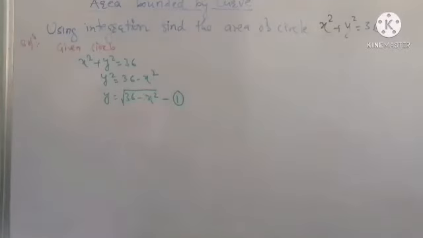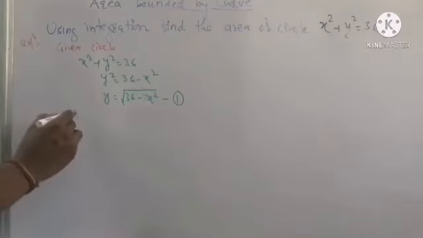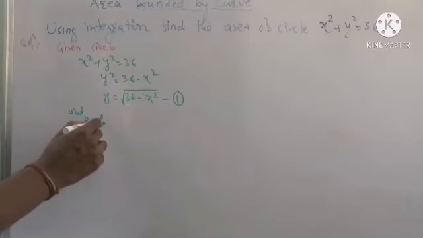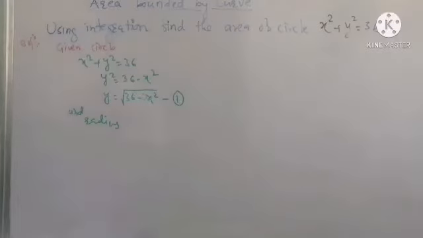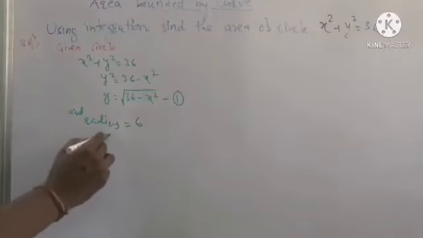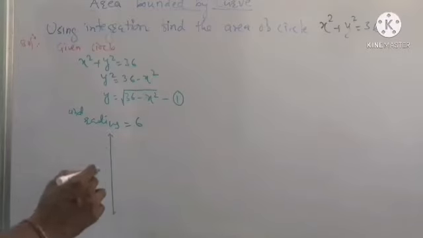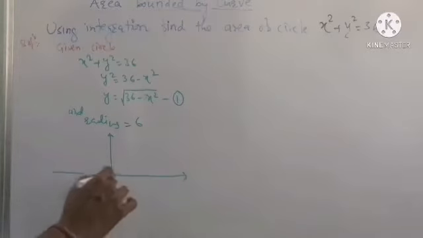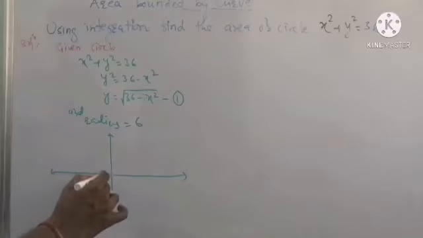As the given circle is a standard circle, by comparing it with the equation x square plus y square is equal to r square, we get r is equal to 6. So we plot the circle in the coordinate system having center at origin.